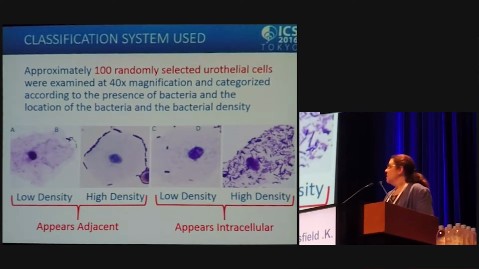And then appears intracellular, which is where we had either scattered bacteria inside the urothelial cell, or a urothelial cell that had a lot of bacteria associated with it, looking as though it could be inside of the cell. Remembering this is light microscopy, so it appears intracellular. We couldn't prove that it was definitely intracellular because we hadn't done confocal at this time.